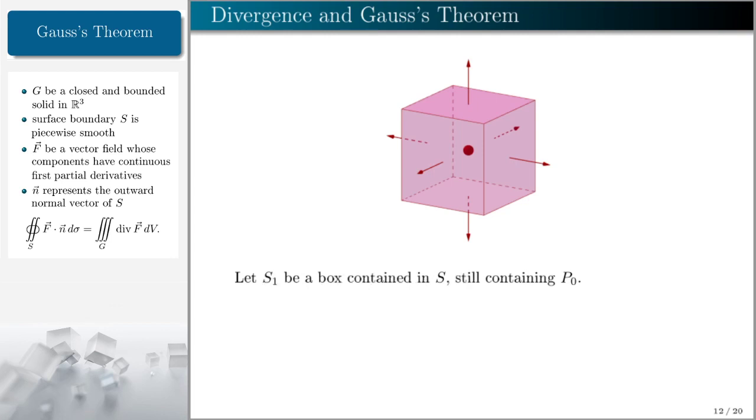Now, what will happen if I have another box, say S1? This is still contained in S, but it will still contain P naught. So it's a smaller box inside S that contains P naught.